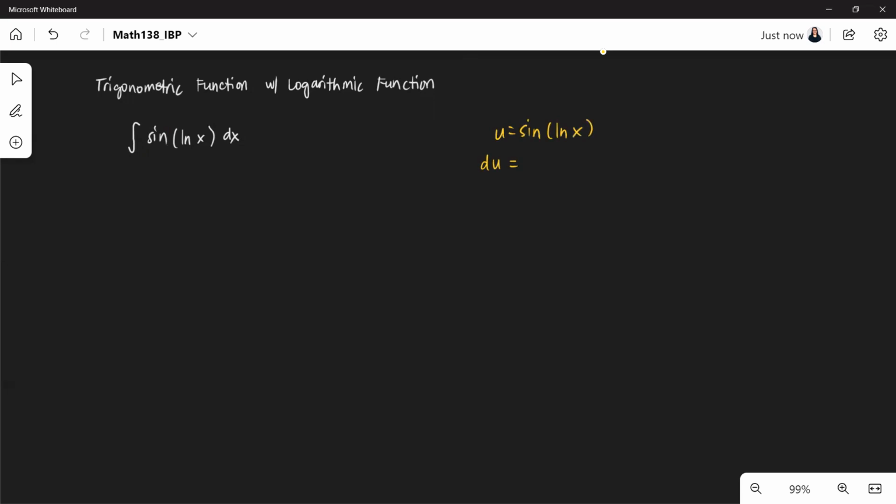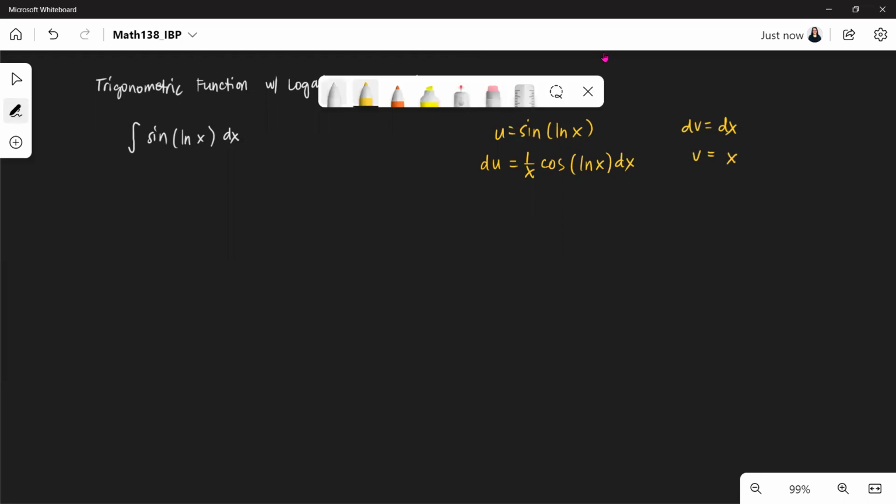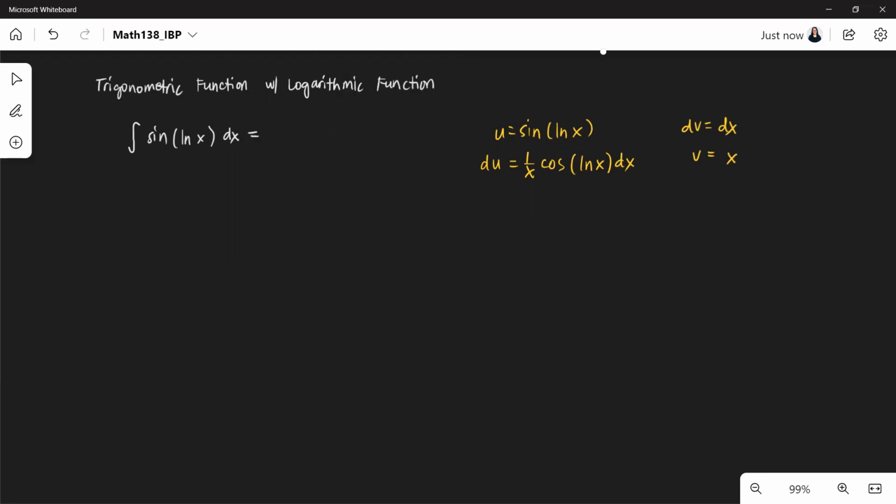So get the derivative of the angle: the derivative of ln of x is 1 over x, and the derivative of sine u is cosine u, or cosine of ln of x, of course with the dx. Then let dv be equal to dx. Integrating both sides of the equation, we have v equal to x. And then proceed to the application of the IBP formula.